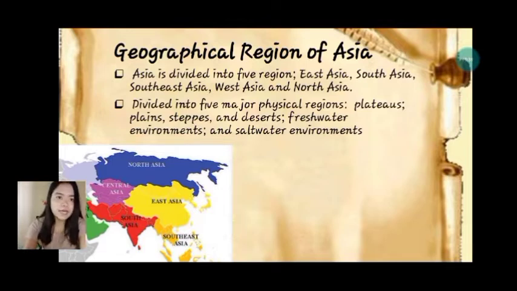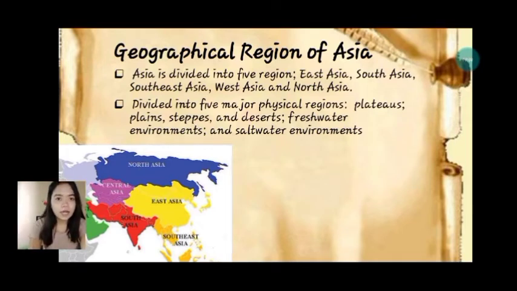So proceed to the geographical regions of Asia. On the left side below, it is the Asia continent. There are 5 regions of Asia. It says that Asia is divided into 5 regions.